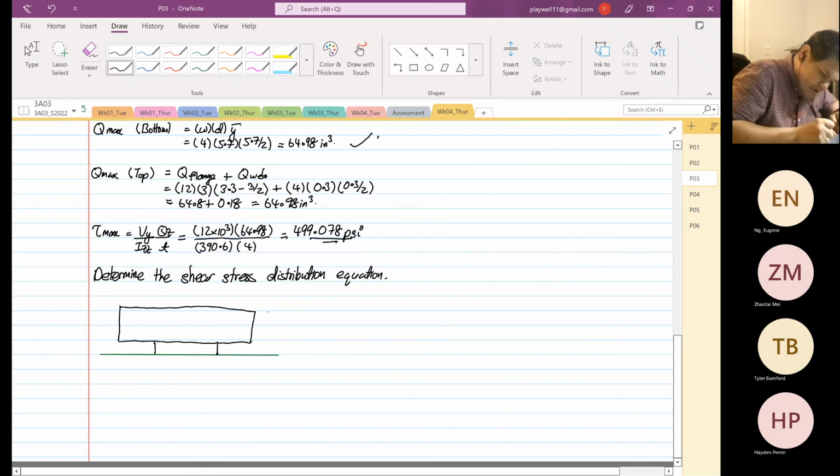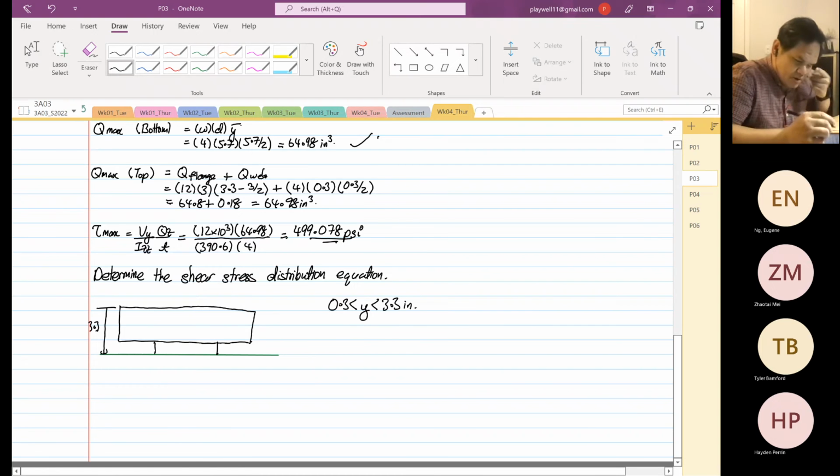We know that the distance from here to here is 3.3 inches. So we are going to determine y from 0.3 to 3.3 inches.